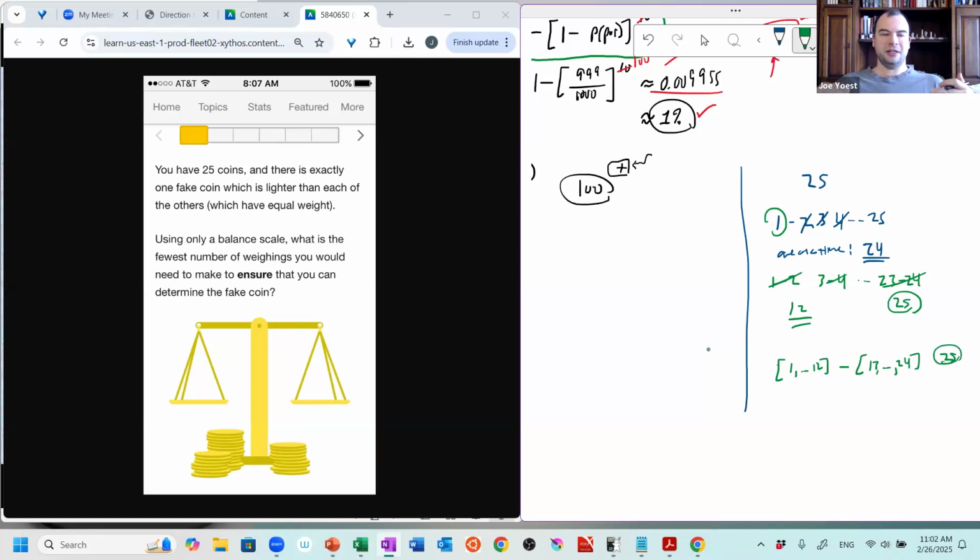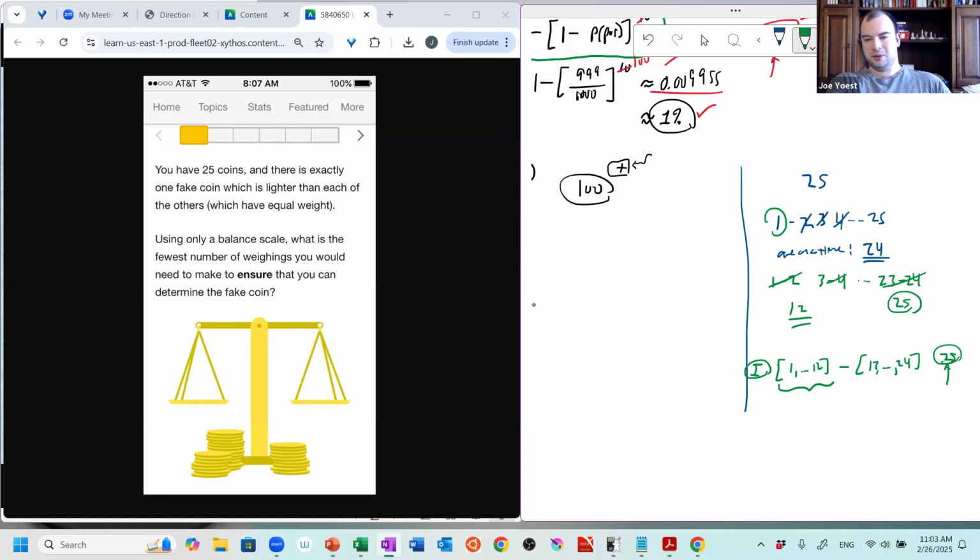If the 1 through 12 balances with the 13 through 24, neither of those stacks can include the fake coin. This must be it. So the worst case would be that one of these stacks is heavier, or whichever way it is, lighter. Let's suppose that we determine that the stack 1 through 12 contains the fake coin. So we've done one weighing at this point.